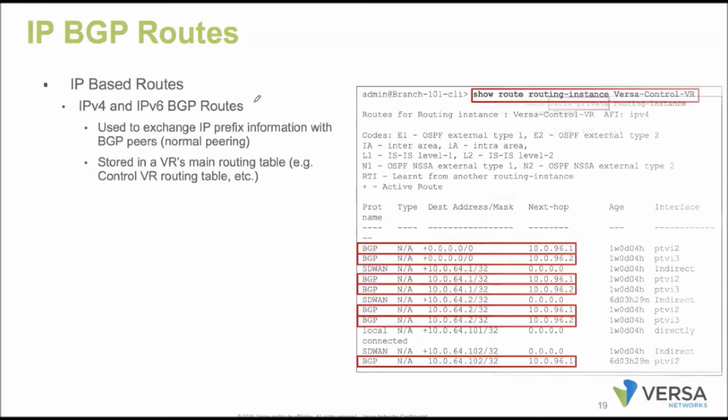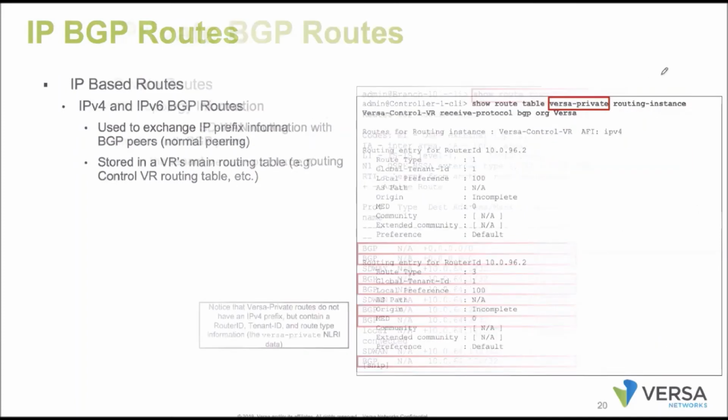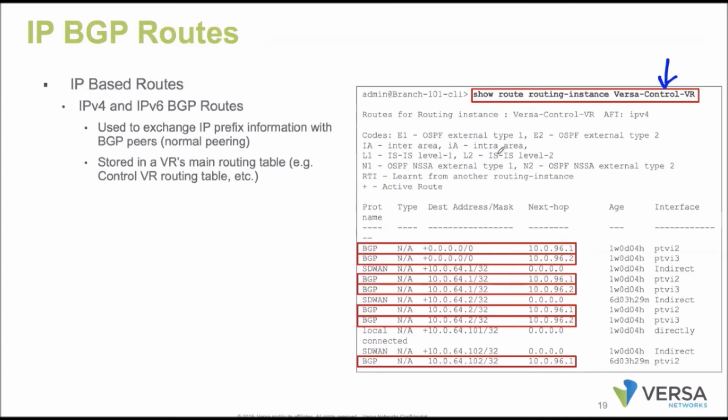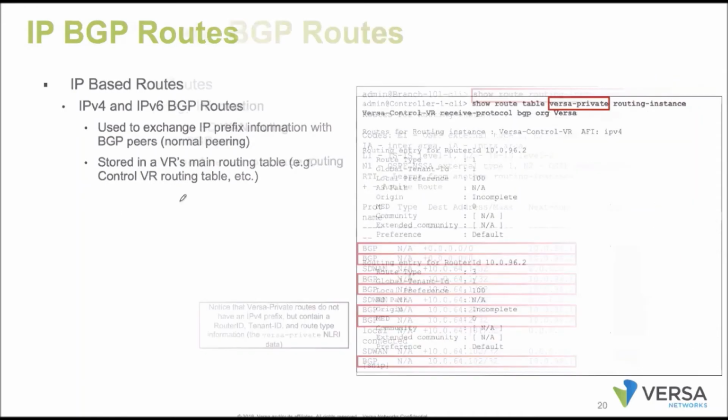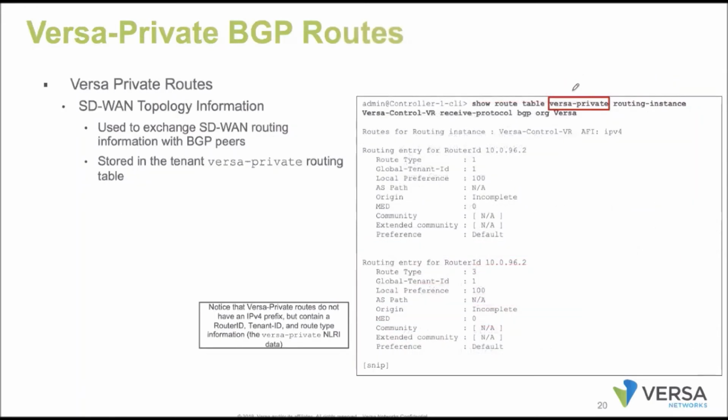Okay, here we are talking about this routing instance, the control VR. Under the control VR, you will find all the overlay information related parameters. And if you want to be more specific about the Versa private family, with the help of the Versa private family we are going to learn about all the overlay IP addresses.